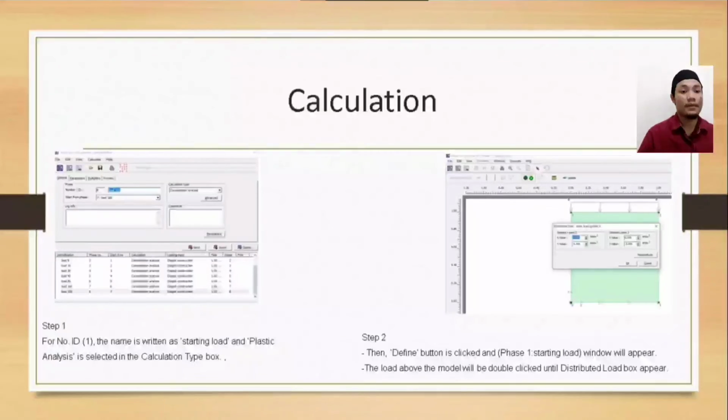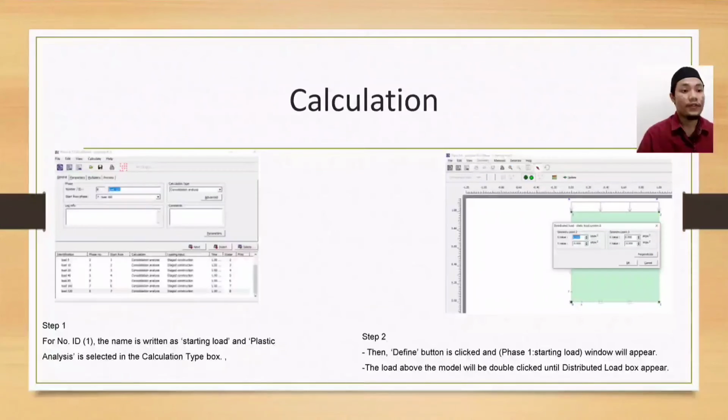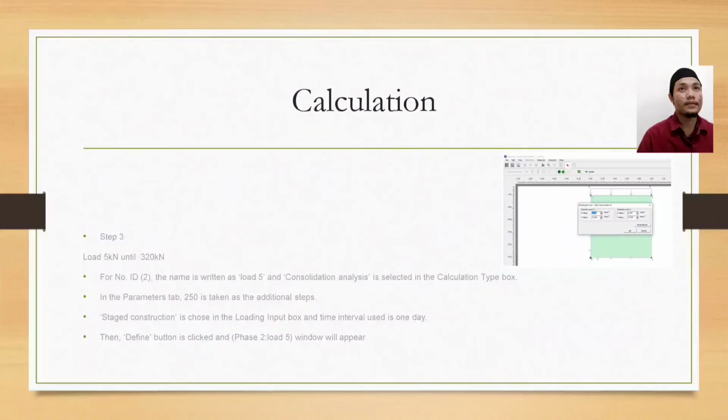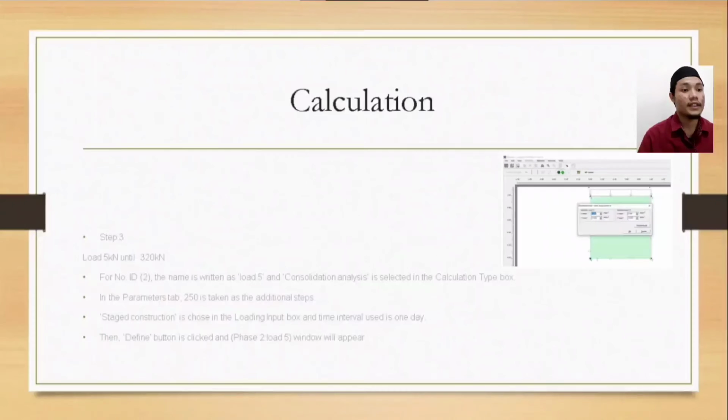After that, we define the load and change the load at Y and X for the top of the sample. For example, in this sample, I will change -5 for Y and -5 for X. After we change it, we can run the starting sample.